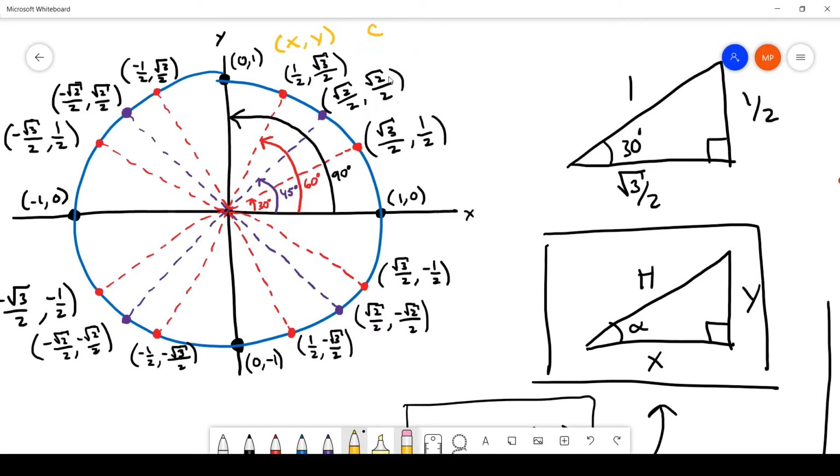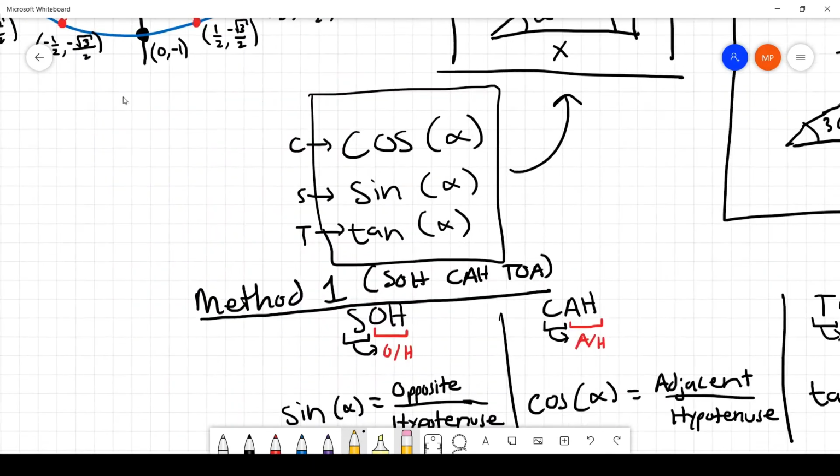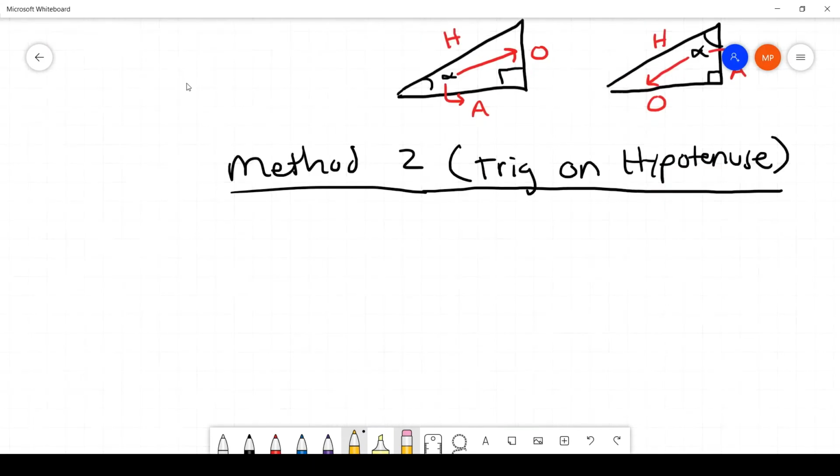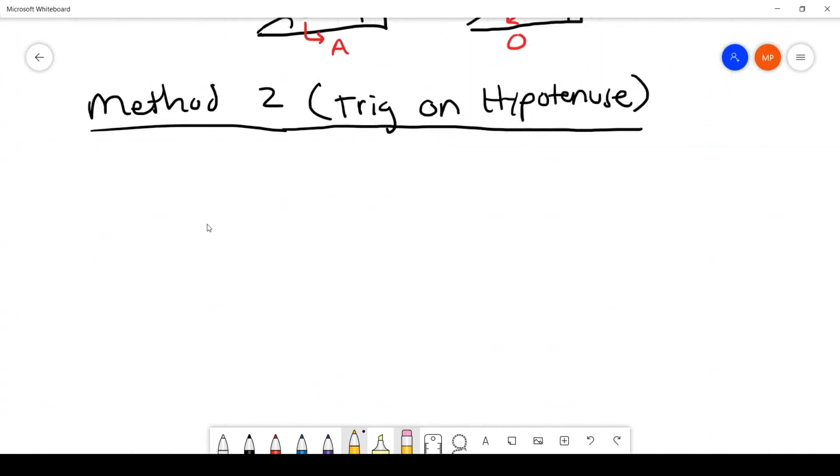And so we're going to use this in method 2 in order to help make sense of this. I'm just going to point out to remember that you have your x and y point, which relates your sine and cosine.